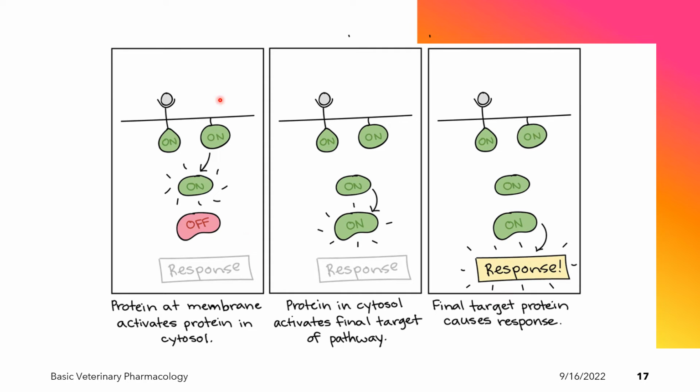After that, the membrane protein will activate another protein located in the cytosol through the presence, of course, of the secondary messengers. Then the protein in the cytosol will activate the final target of the pathway, again through the presence of the secondary messengers. After that, the final target protein will cause the specific response.